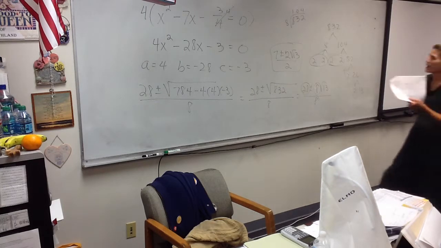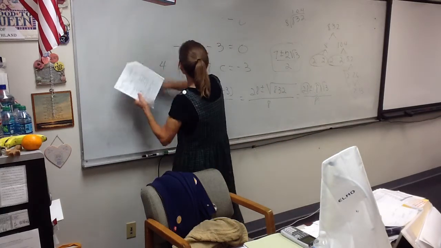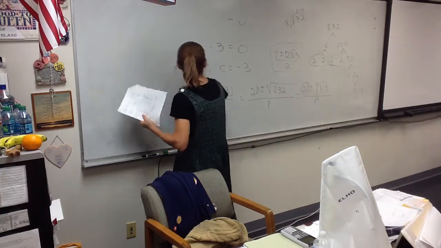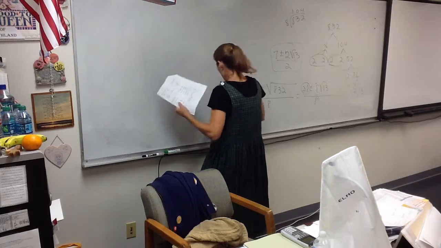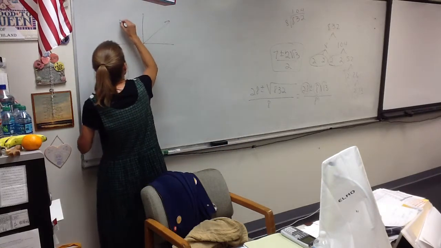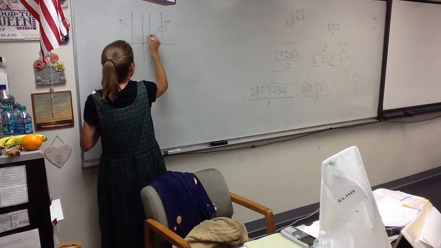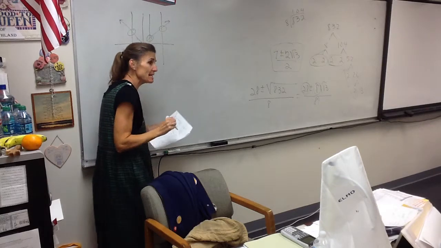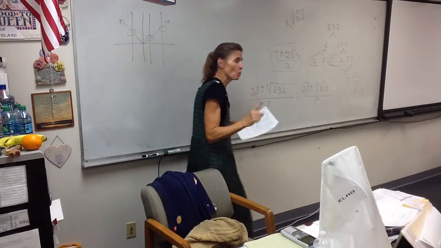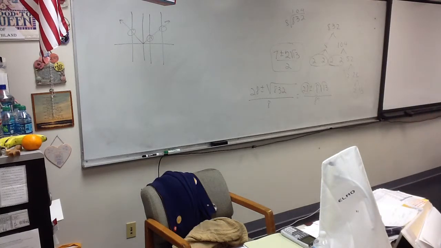If you draw a vertical line down through that V, no matter where you draw your vertical line, it will only hit the V one time, right? Each vertical line only hits one time. That means it is a function.